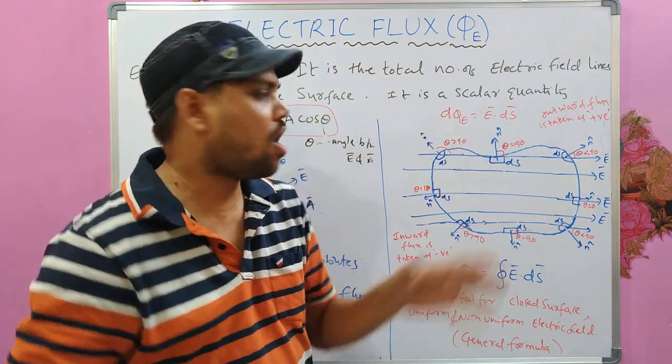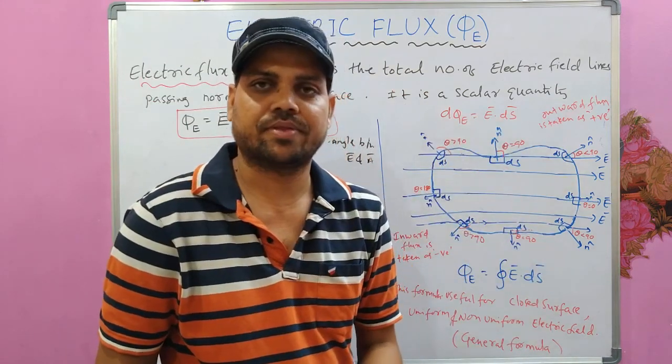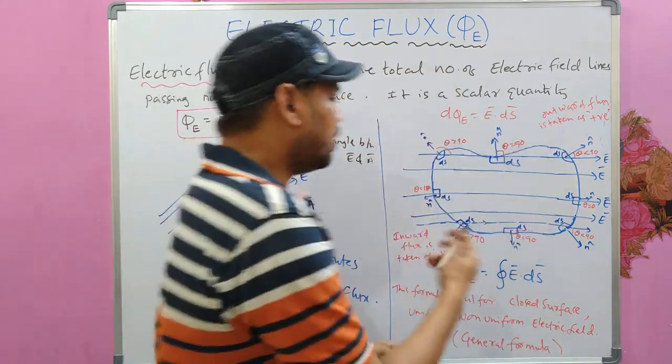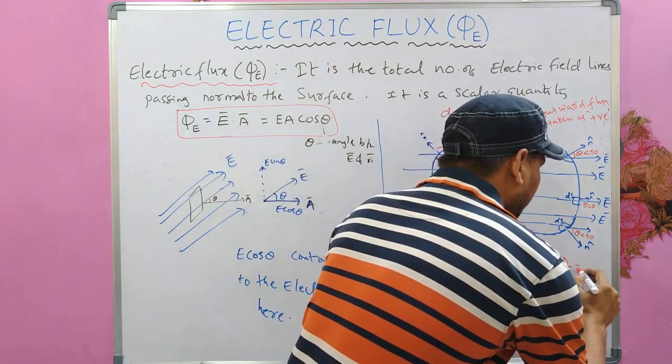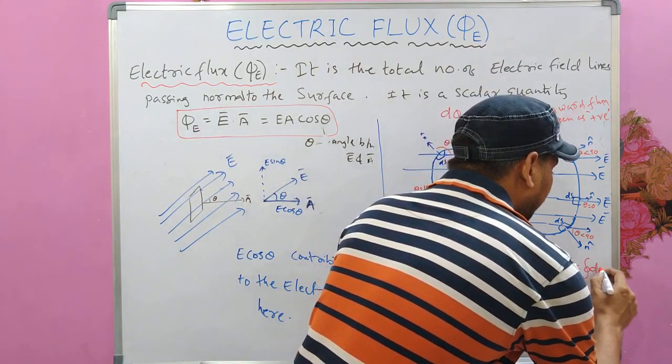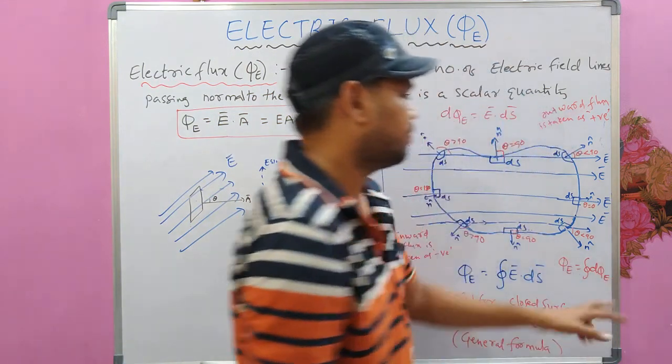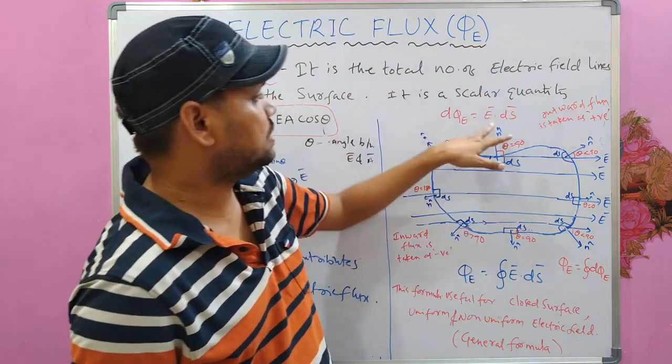I will have all these d phi e values. Then if I want the total flux, that would be phi e equal to the integral of d phi e.